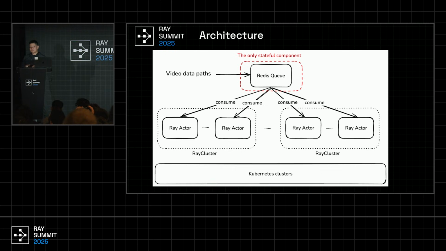So basically we build a Ray cluster on top of Kubernetes clusters, and then we define our business logic in the Ray actors, and then we consume all the data from the Redis queue. In this architecture, we only store the stateful information in the Redis queue. For the Ray actors, we don't store any stateful information. And in the later slides, I will explain why we want to do this.